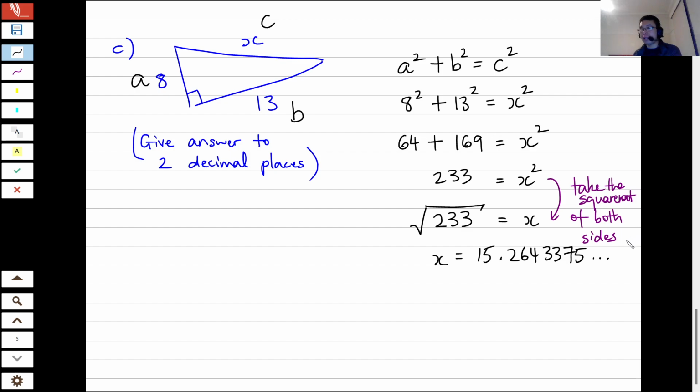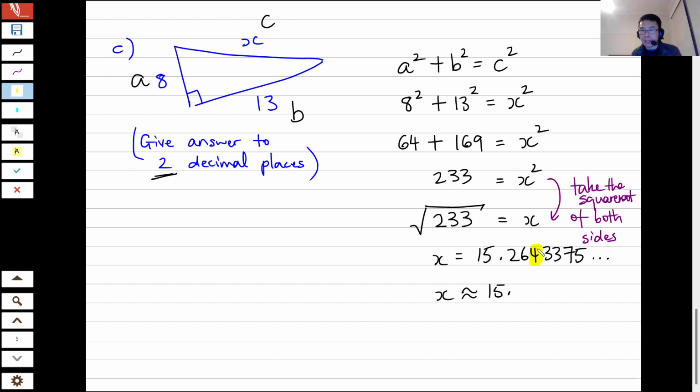Now, if we give a decimal approximation, we have to round it off somewhere. In a test, you'll be told how much to round it to. So here, I've asked for 2 decimal places. So I just want 2 digits after the decimal point. So I need to write down the 2 digits after the decimal point.